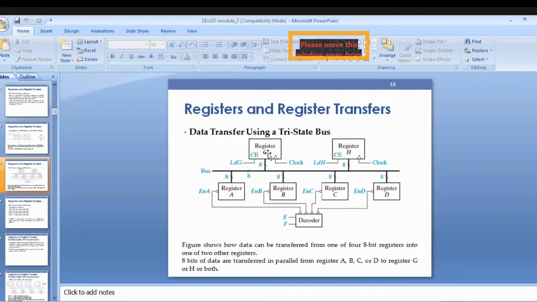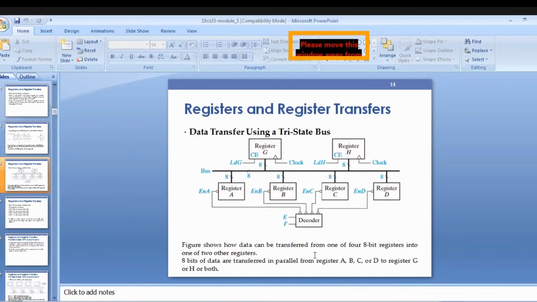See here register G and register H. Through this, you can take the data inputs, and whatever data input you take from register G and register H, you can carry with the help of buses. Either it may be register A, B, C, and D. Whatever data input you receive from these registers, you have to decode it with the help of a decoder.